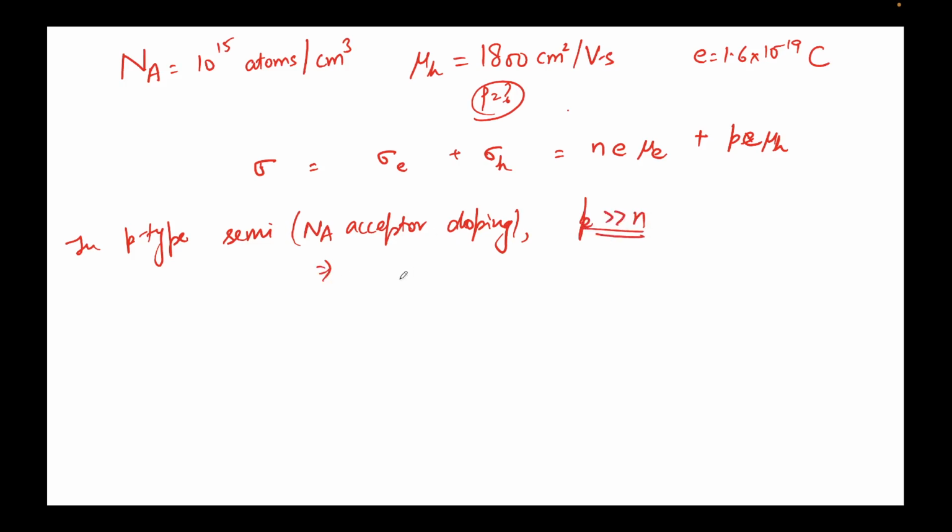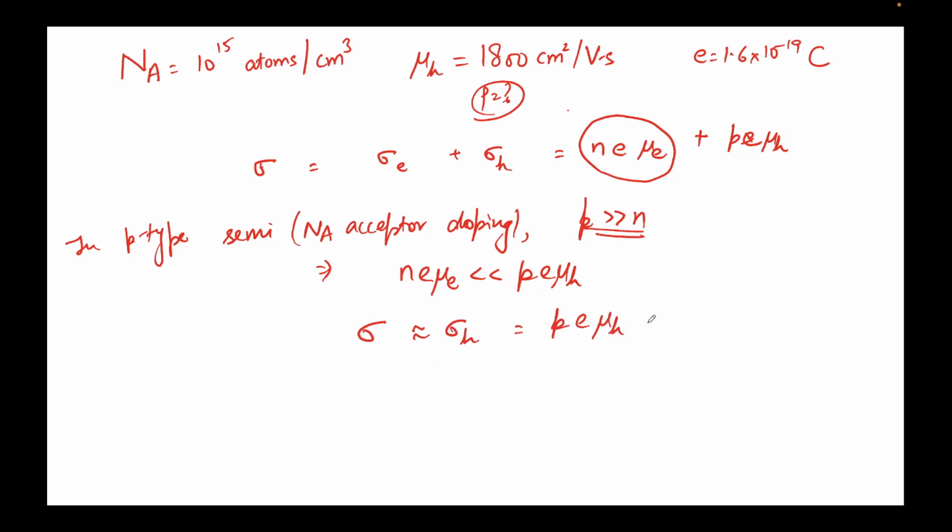This implies N e mu_E will be less than P e mu_H. Mobilities are not that much different for electrons and holes, so we'll neglect this term. And we'll write that sigma, the conductivity, is almost entirely due to holes, which is equal to P e mu_H.